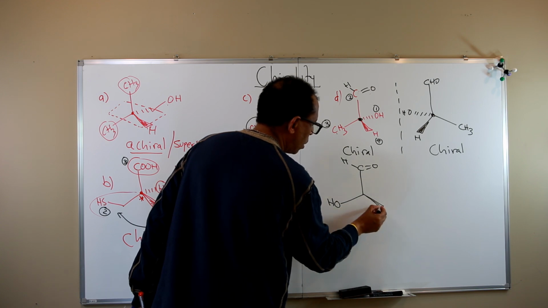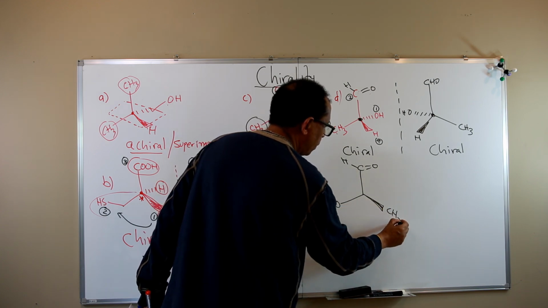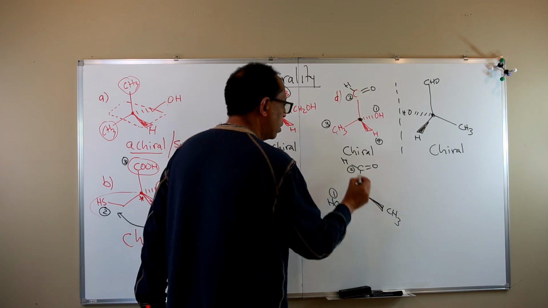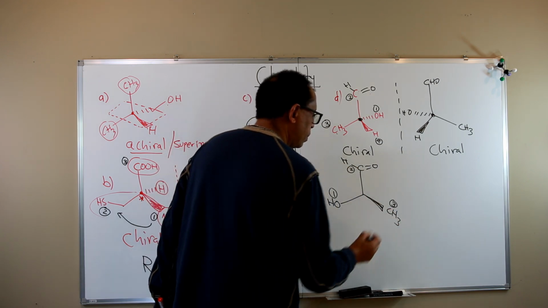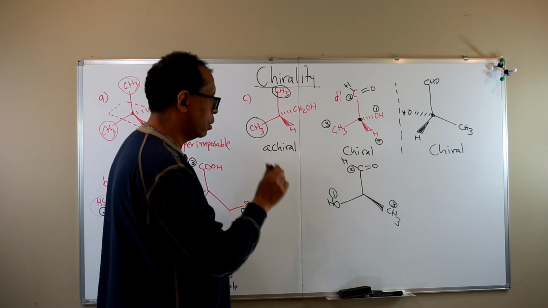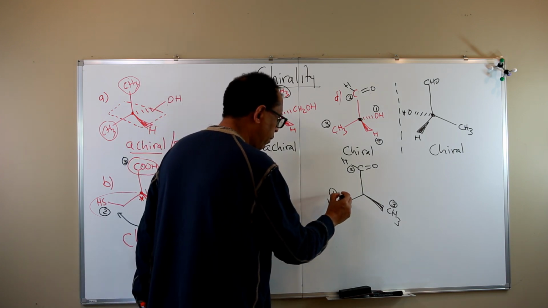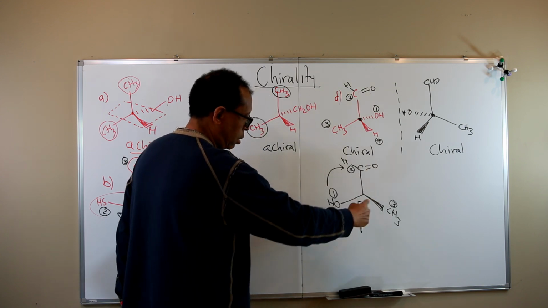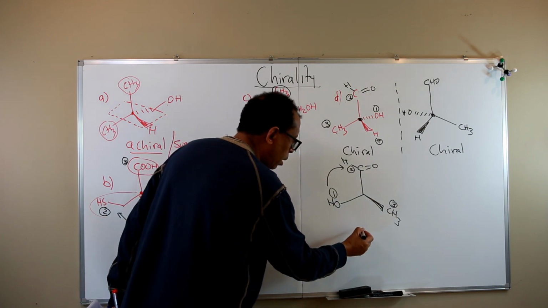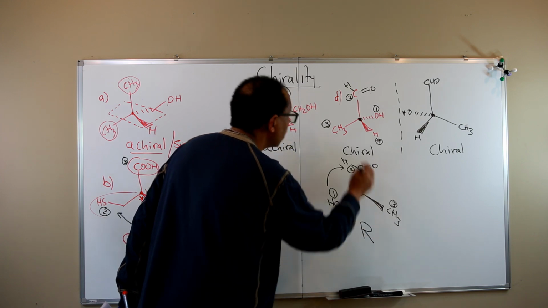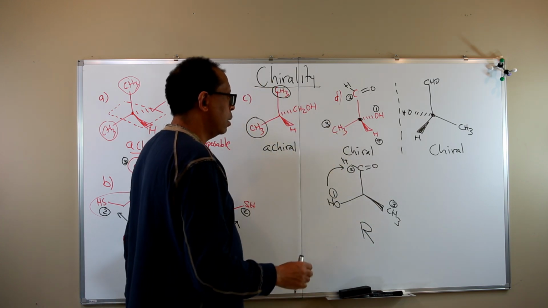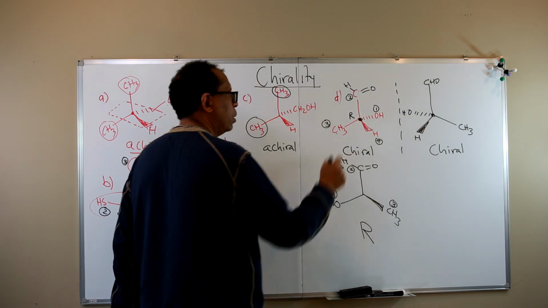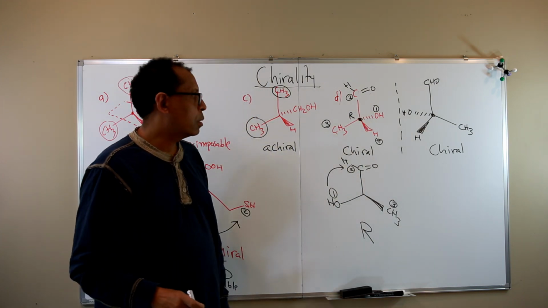So CH3 would be here. So it is 1 here, this is 2 here, 3 is here. Now hydrogen is to the back, so we can easily move from 1 to 2. The rotation is clockwise, therefore this is an R configuration. That carbon is an R stereocenter.